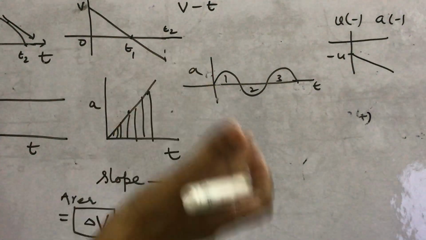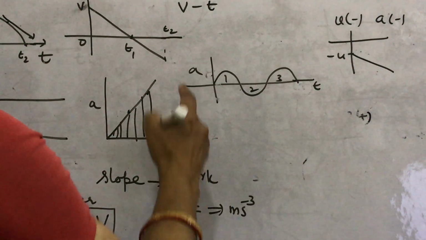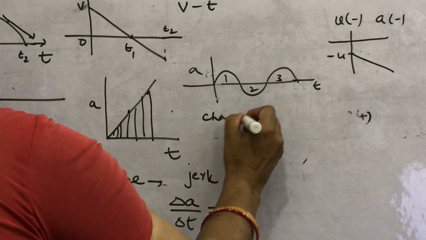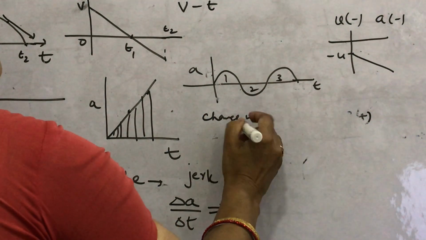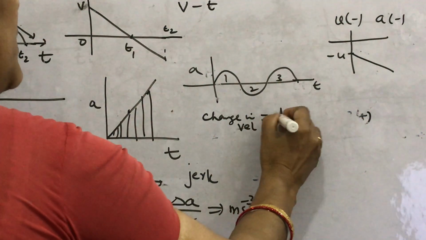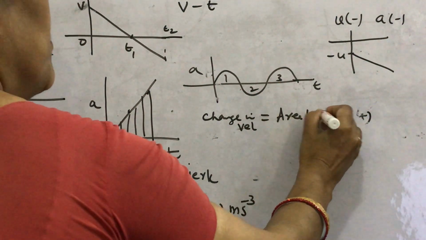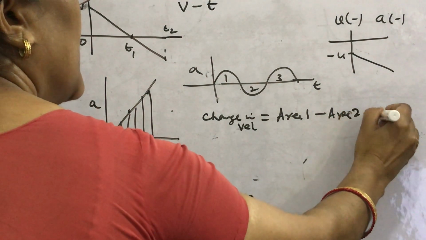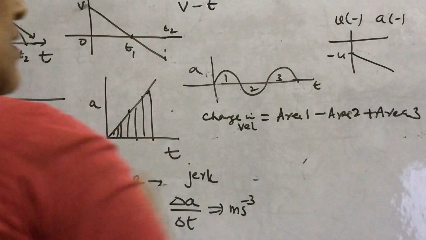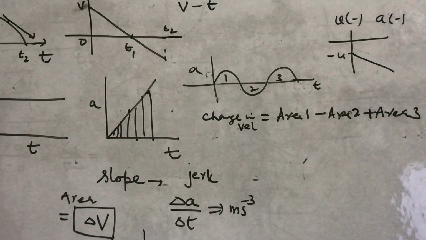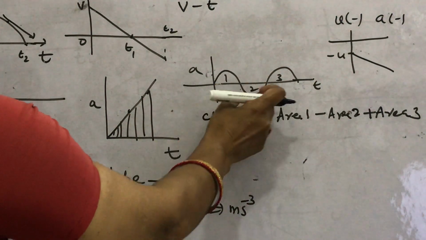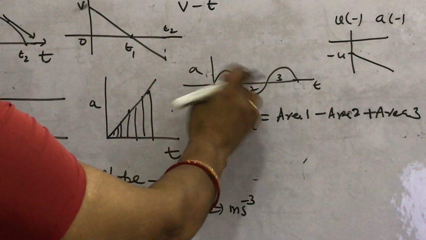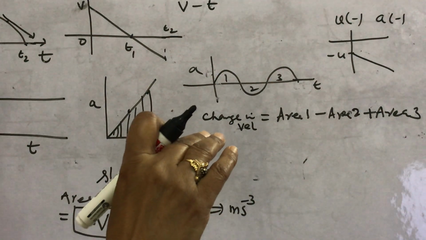Find the change in velocity. Velocity is a vector, acceleration is a vector. So change in velocity will be area number 1 minus area number 2 plus area number 3, because acceleration is a vector quantity. This area is in the negative direction, so it will be minus.